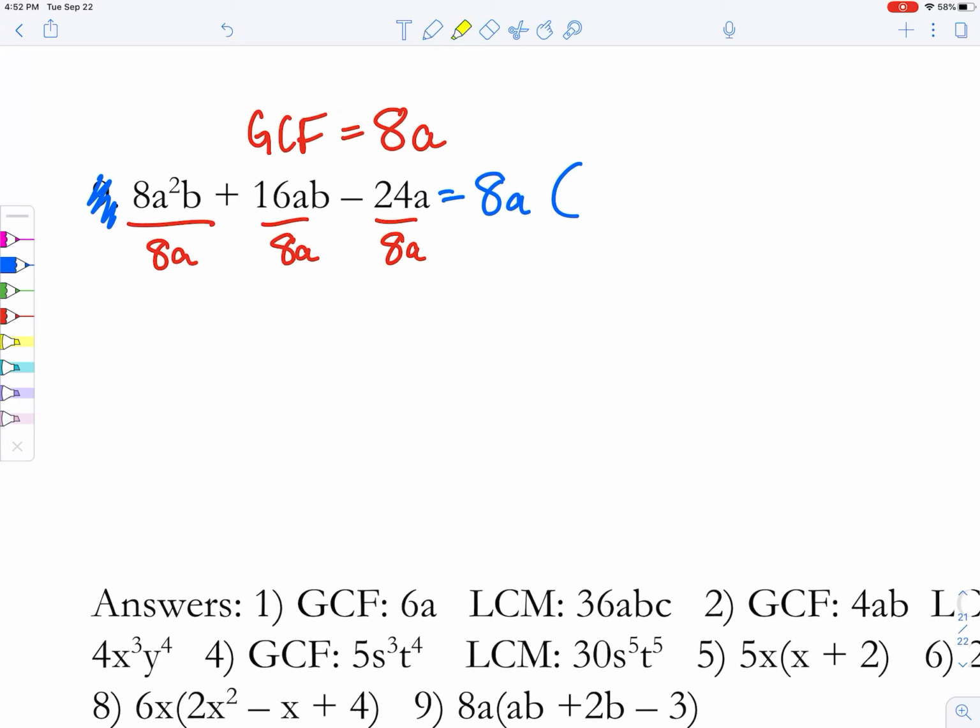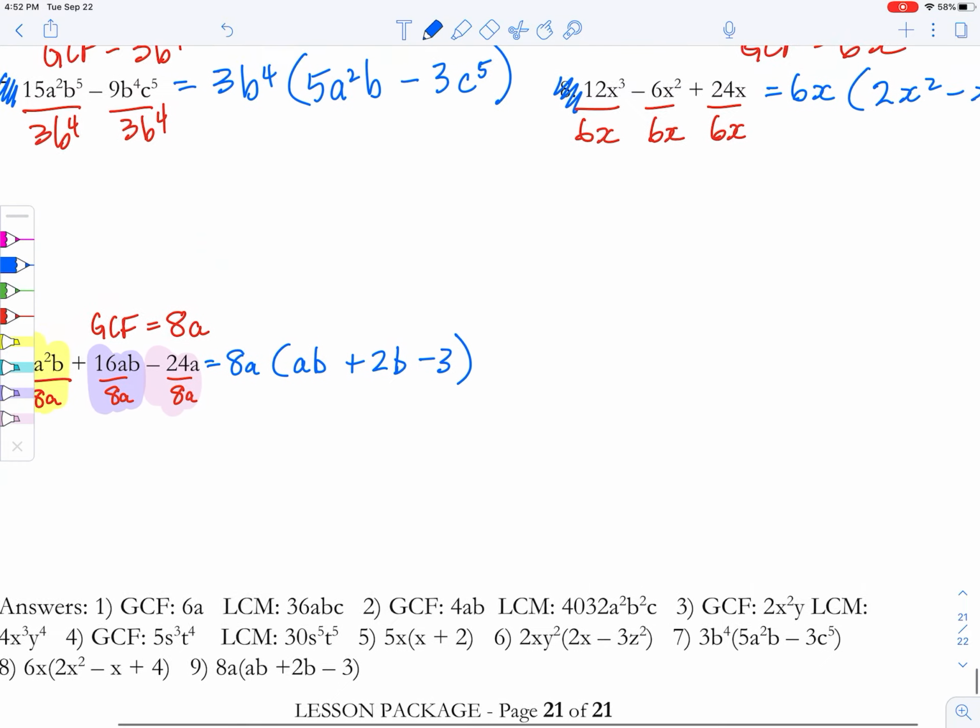In the first term, the 8's go away, and I'm left with ab, plus. In the second term, I'm left with 2, the a's go away, so just a b. And then for the third one, minus 3, and the a's go away, and that's it.